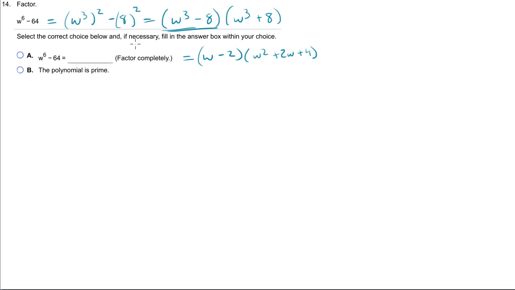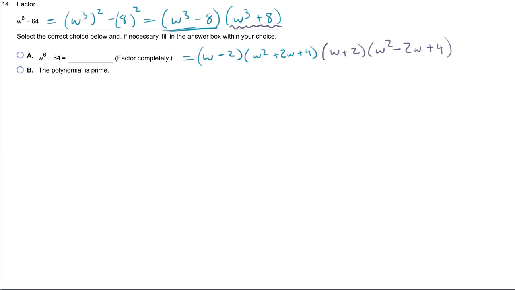And then on the back here, w cubed plus 8 factors into w plus 2 times w squared minus 2w plus 4. All right. And that's our factorization for that one.